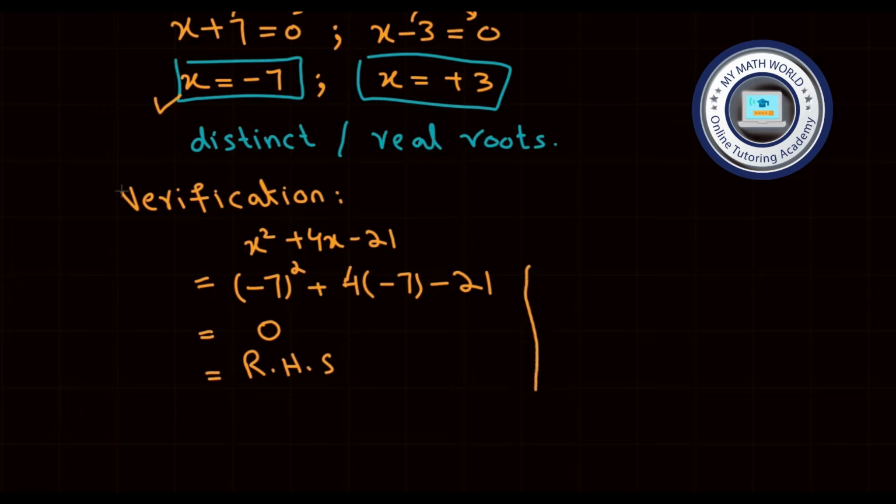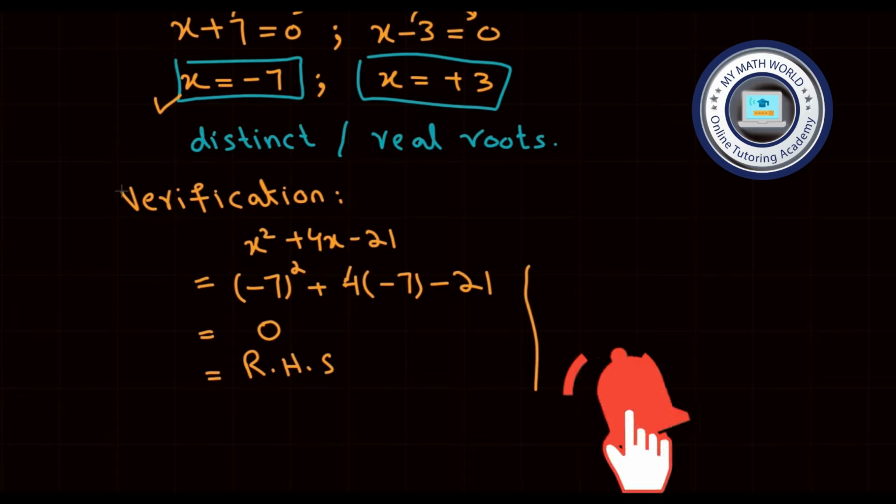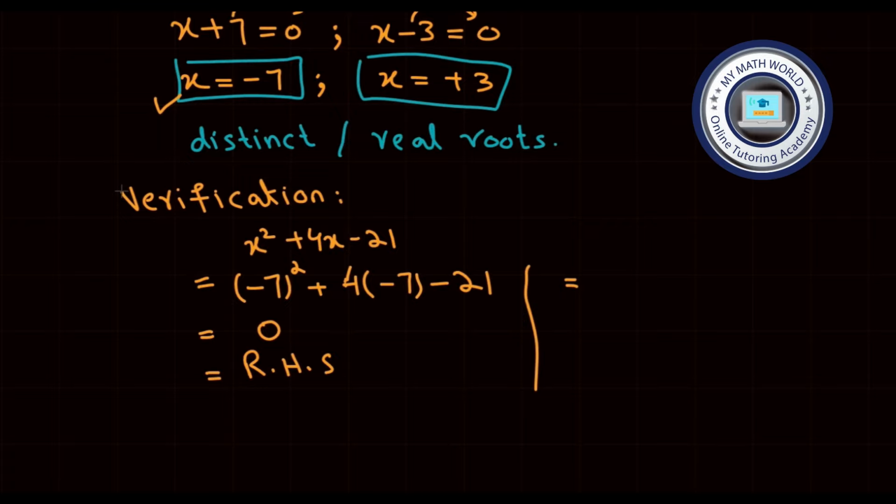Then for the verification of the second root, which was x is equal to positive 3, we have to put it again into the left hand side of the equation, which was x square plus 4x minus 21. So x is equal to plus 3 would then be 3 square plus 4 times 3 and then minus 21.